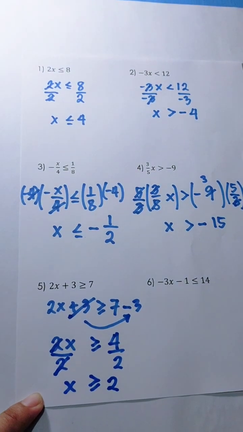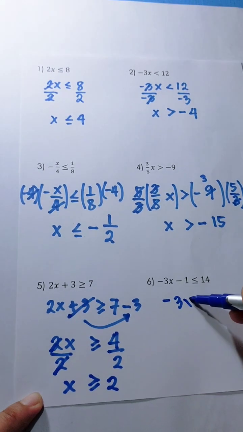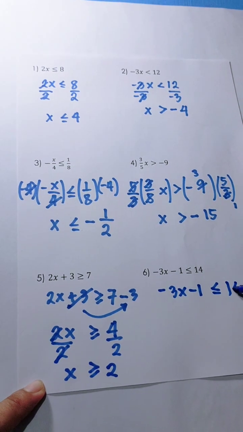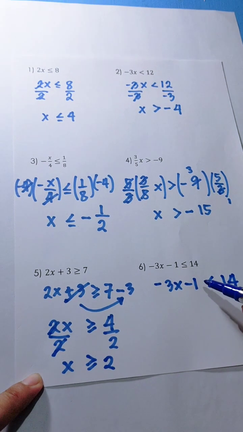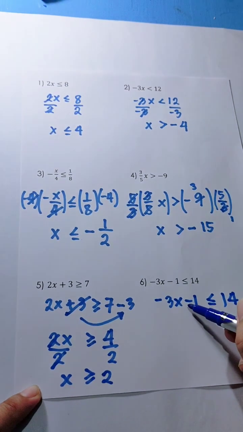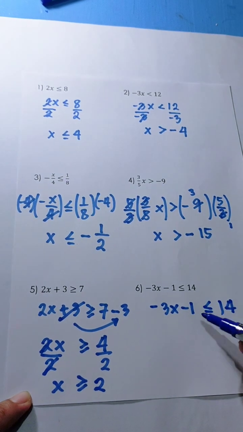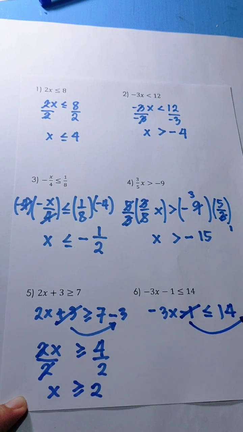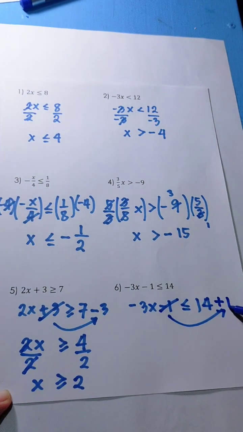It's 2. Next, okay, there's another two-step. One step, take negative 1 away, and the coefficient negative 3. We move this to the right hand side. Negative 1 will become positive 1.